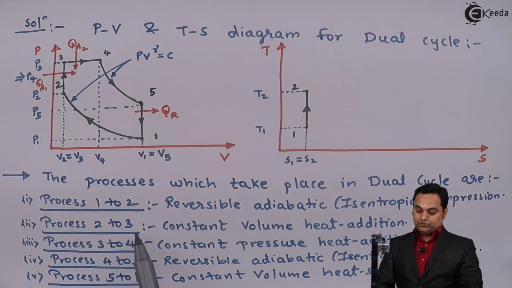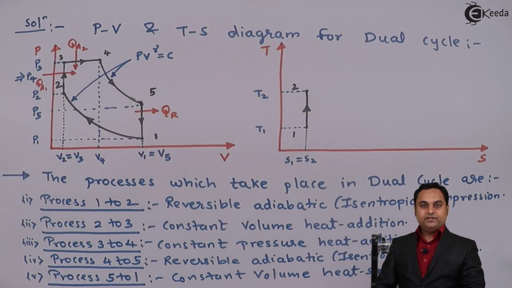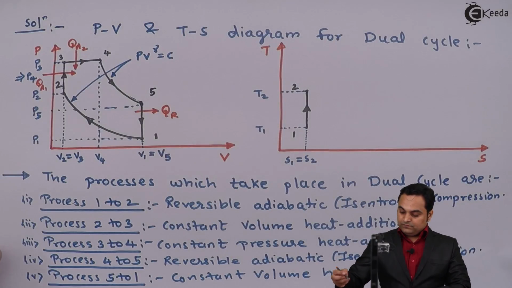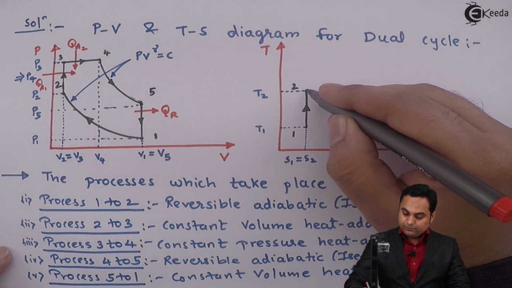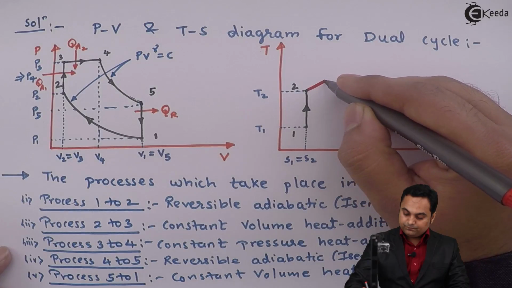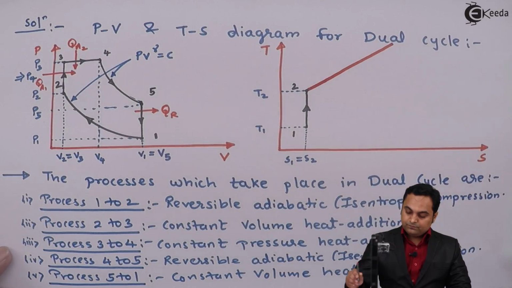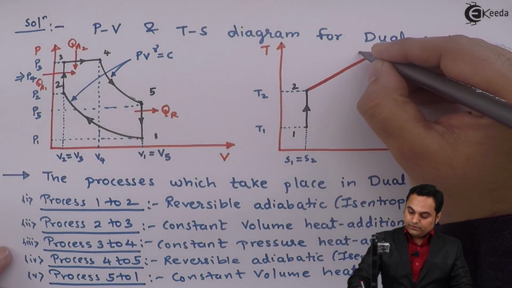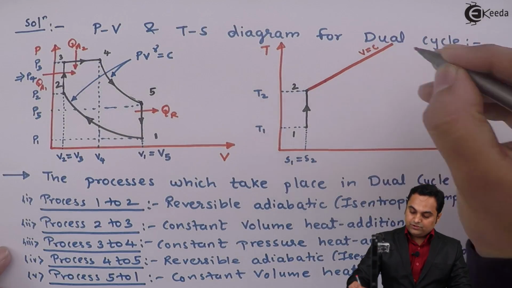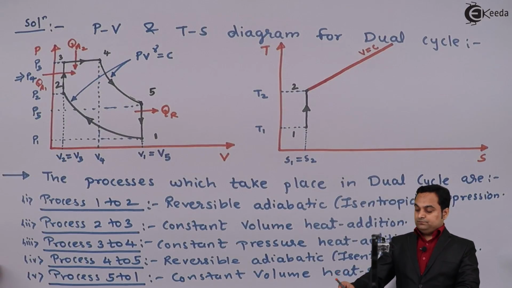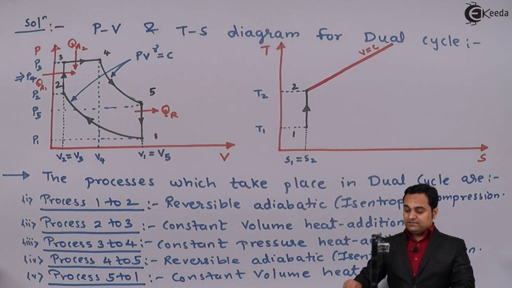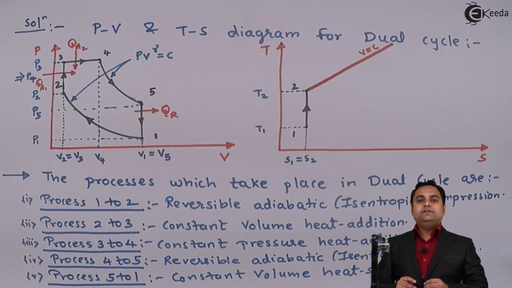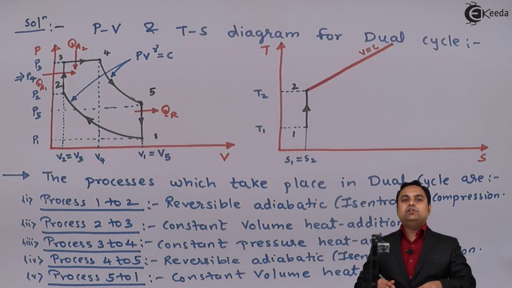Next, process 2 to 3 is constant volume heat addition. For this, I'll draw a constant volume line from point number 2. Now this line which I have drawn indicates a constant volume, so V is equal to C. Next, as the heat is being added at constant volume, during that heat addition process the temperature goes on increasing.